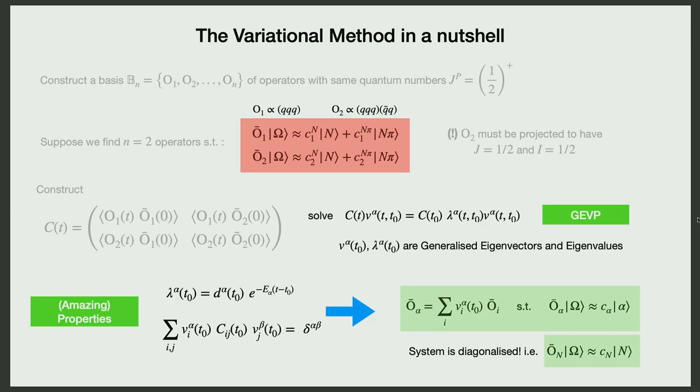So we use the eigenvectors V alpha to construct an operator O alpha which has overlap mainly with nucleon states. So after the rotation or the diagonalization, supposing of course that there are only N and Nπ in the spectrum, which is wrong, one can construct an operator ON which has very large overlap only with nucleon states, to get rid of the Nπ contamination.